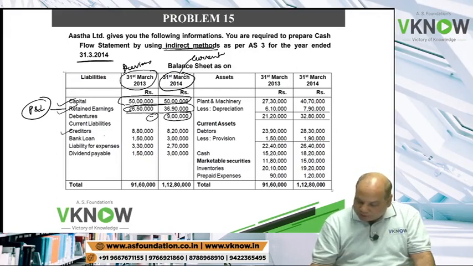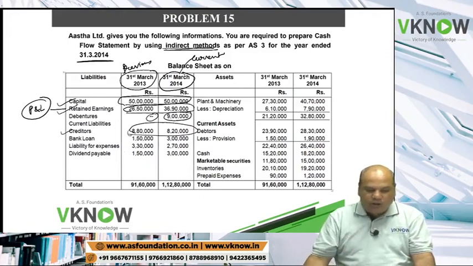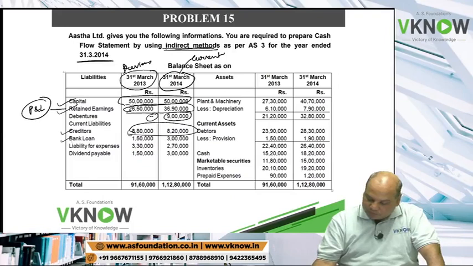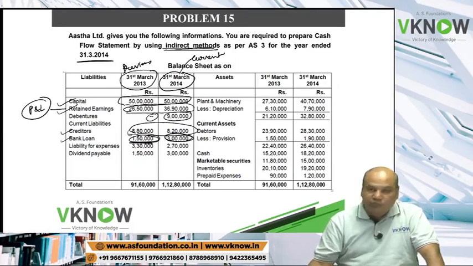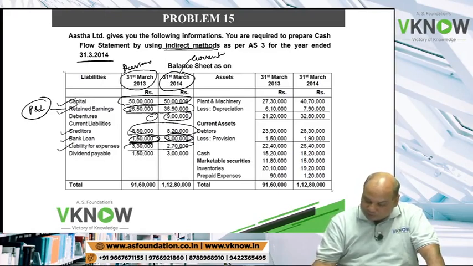Current liabilities, creditor will go in working capital changes. Bank loan, from 150 it has become 3 lakh. Liability for expenses is a current liability item.